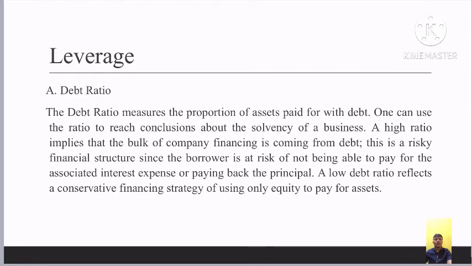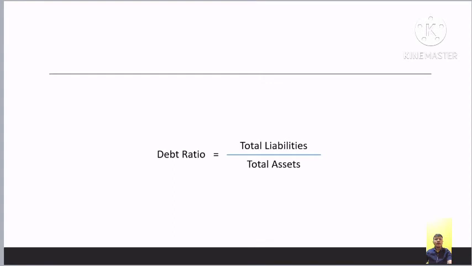This is a risky financial structure since the borrower is at risk of not being able to pay the associated interest expenses or pay back the principal. A low debt ratio reflects a conservative financing strategy of using only equity to pay for assets. For the formula, debt ratio equals total liabilities divided by total assets.